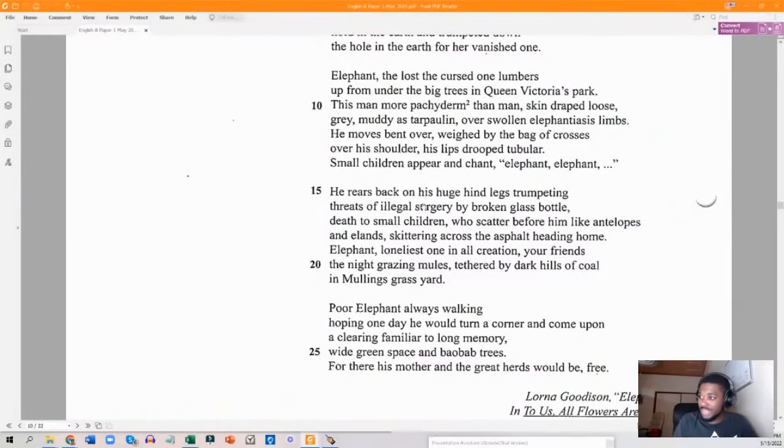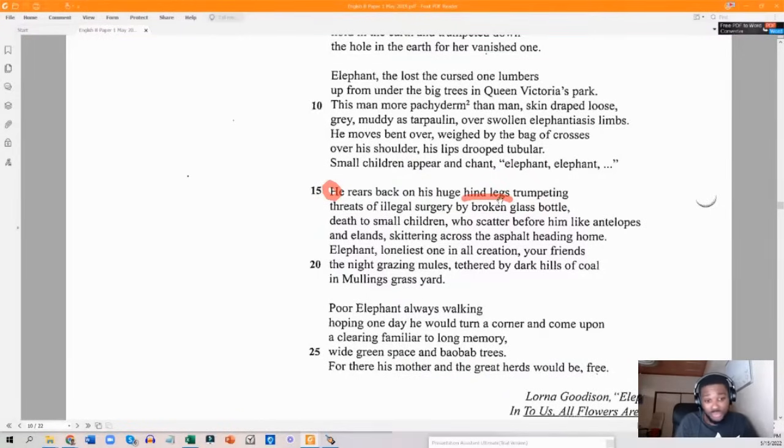He rears back on his huge hind legs. So here, hind legs. Does a human have hind legs? No. Hind legs are like the back legs. Elephants have hind legs. So is this talking about the man or the elephant? Well, it's actually talking about the elephant.